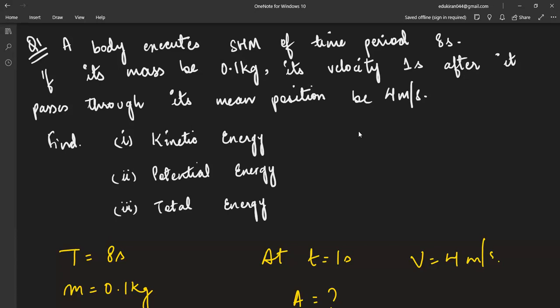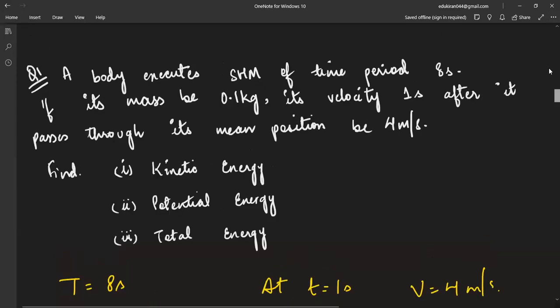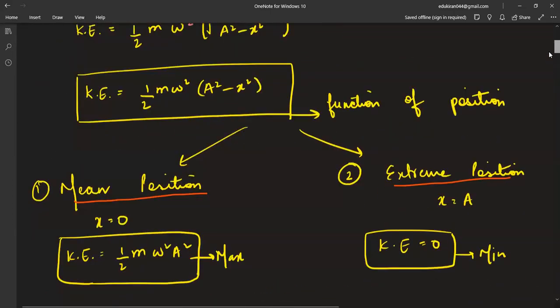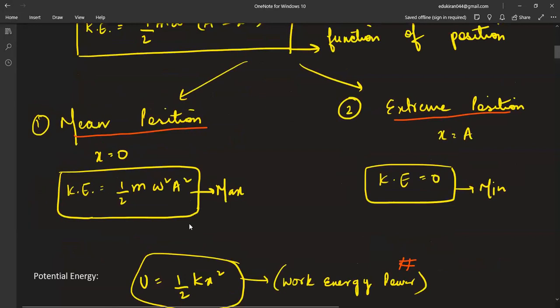Right? This was given through its mean position. So here, the kinetic energy came out to be 0.8, right? If kinetic energy has a different value, like we saw in the last class, this was the value of kinetic energy, half m omega square a square.